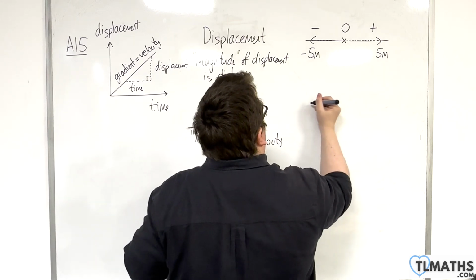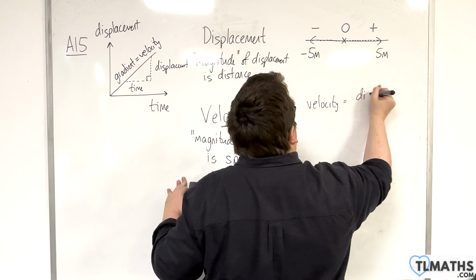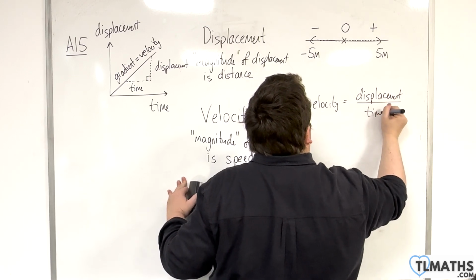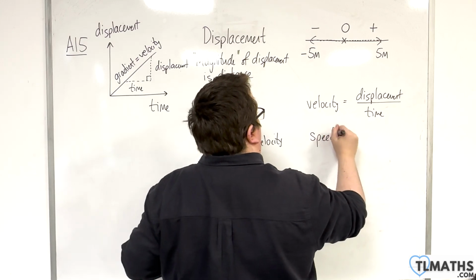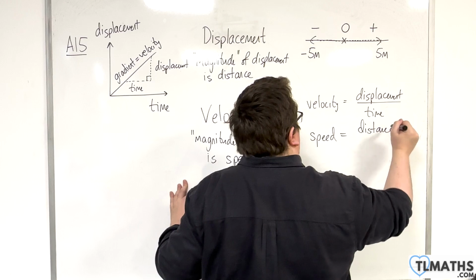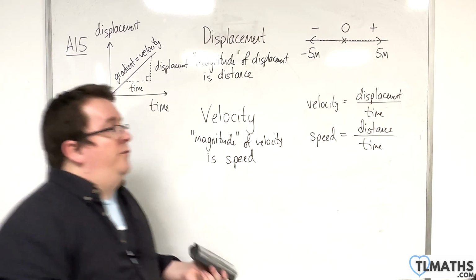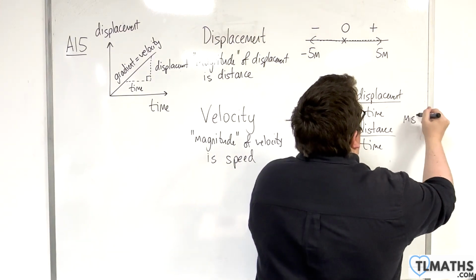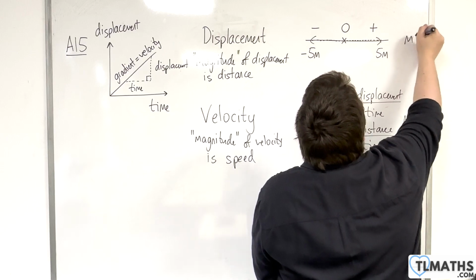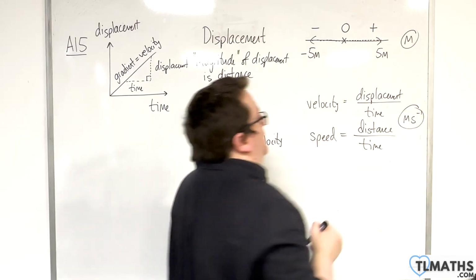Velocity is displacement over time, whereas speed is equal to distance over time. Both of them are measured in meters per second. So displacement and distance are both measured in meters. Velocity and speed both measured in meters per second.